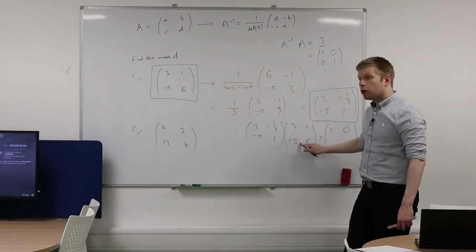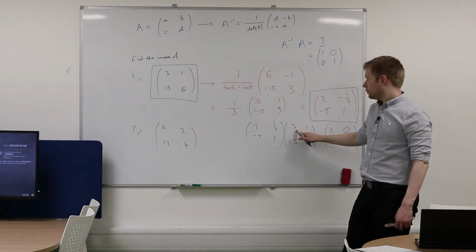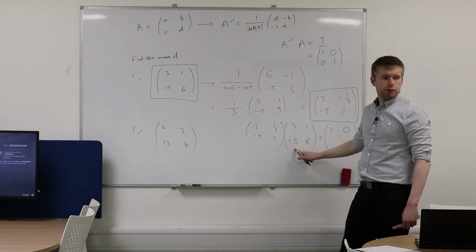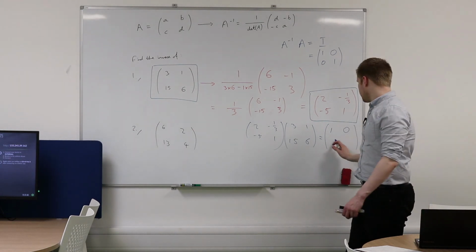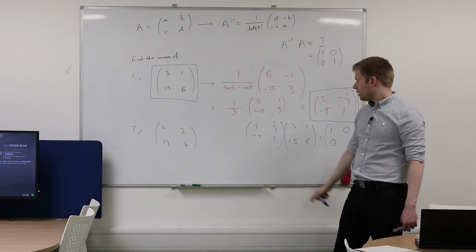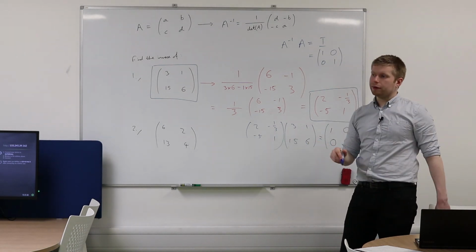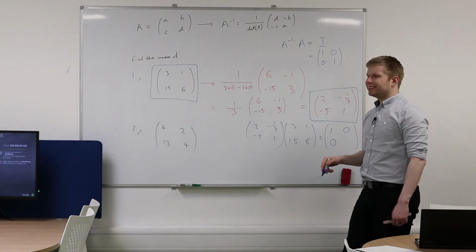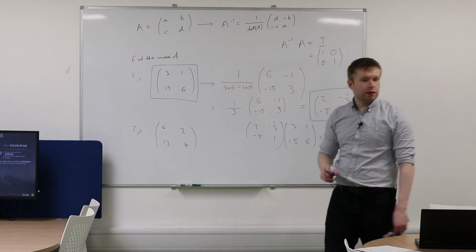Negative 5 times 3, negative 15. 1 times 15, 15. So what's negative 15 plus 15? It's 0, dead right. Check this element here. So it's going to be this row and this column. Negative 5 times 1, negative 5, and 1 times 6, 6. So negative 5 plus 6 is 1. Okay, so we've done the right thing.